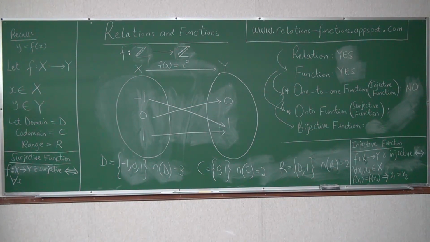So for all y, all y is at least an image of x. So for all y, element of the set of the outputs, there is at least one x that is an element of the set of inputs such that f of x is equal to y. Yeah, this is an onto function.